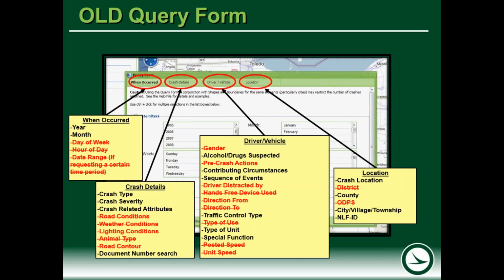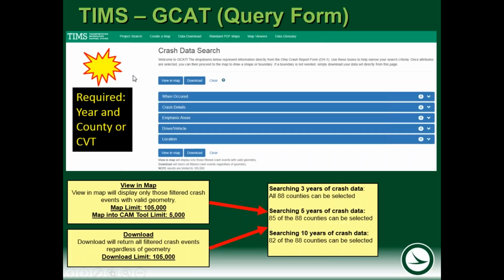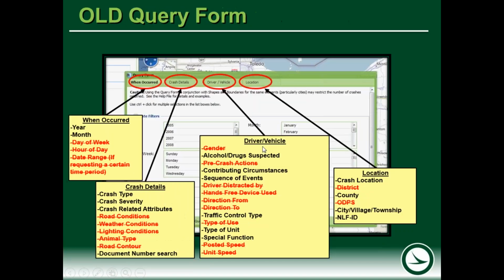I only have them X'd in red here because we removed them from the query form at the beginning. It helped us condense the query form a little and save some real estate as we were setting it up, so that a user doesn't have to do any scrolling up and down the screen when they're filling it out.